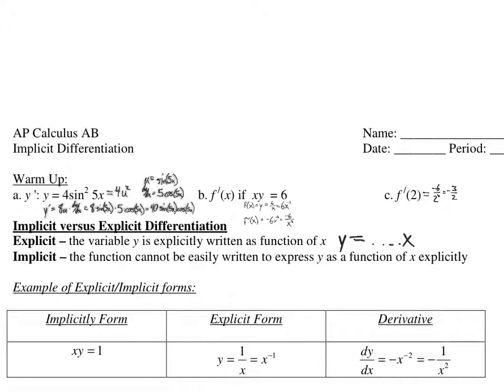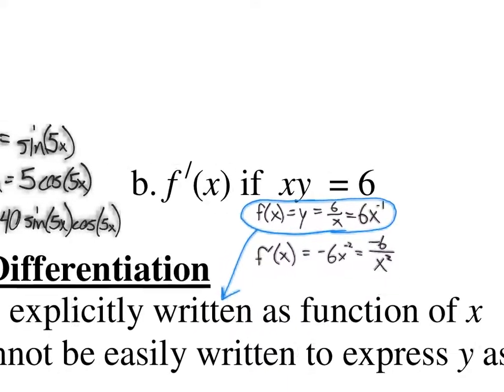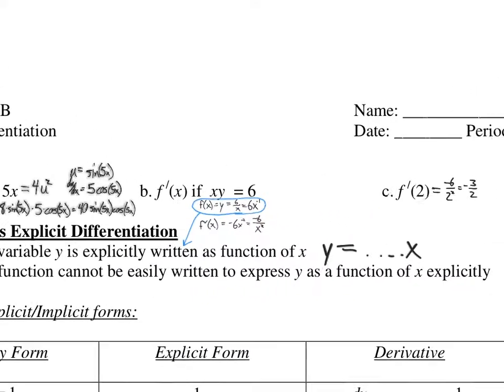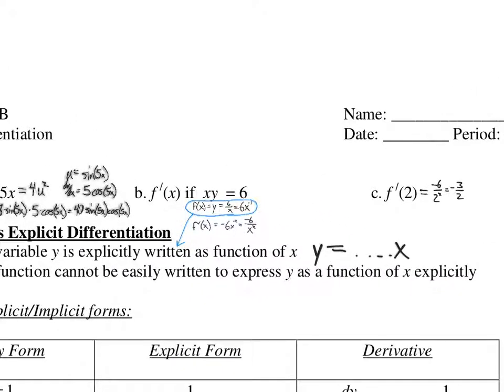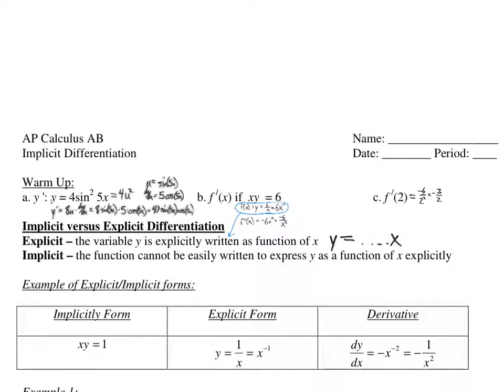Initially, B was not an explicit function. We had to rewrite it like this to make it an explicit function, okay? So this first one was an explicit function. The second one we were able to write as an explicit function.